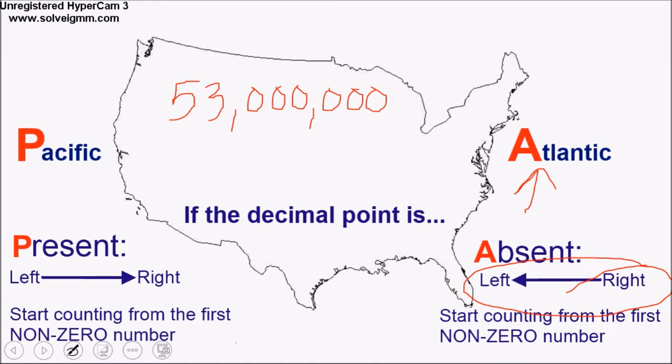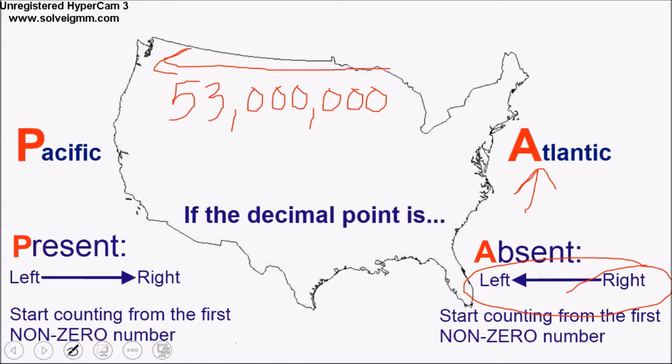For example, if you wanted to determine the number of significant digits in this number using the Atlantic-Pacific method, you would first look and see if there's a decimal point. Now notice with this number that there is no decimal point, meaning the decimal point is absent. And you would start from the Atlantic or right side and work your way all the way to the left.